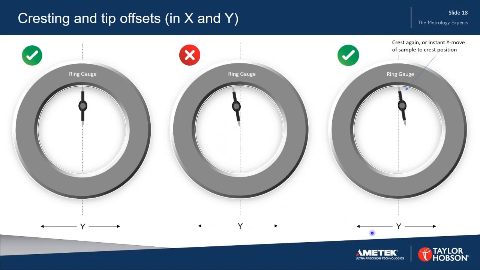It will move this stage, this Y movement stage, directly to the crest position because it knows the tip offset between the top and the bottom tip. And the advantage of that is it can save a lot of time.